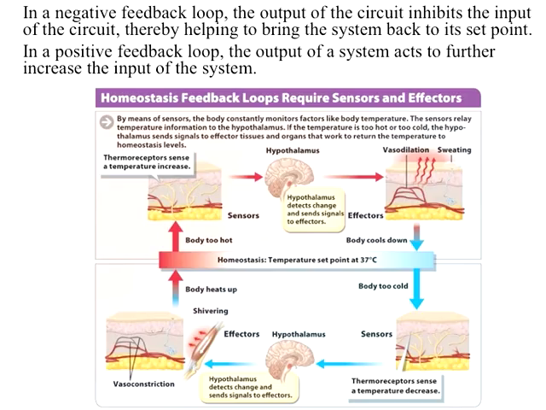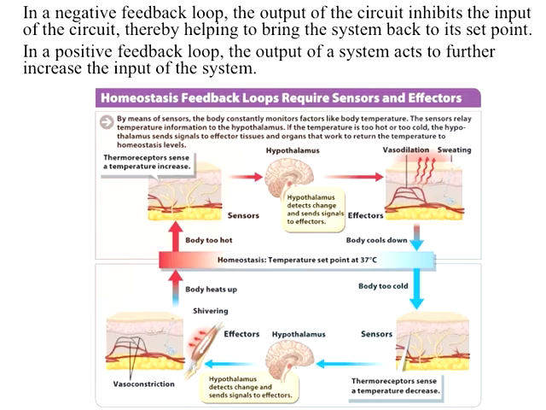Of course, when the temperature is below the 37 degrees Celsius of the internal temperature, the reverse happens. The sensory organs are going to send information to the hypothalamus, and then we're going to have vasoconstriction, and eventually that's going to heat up the body and bring it back to a normal temperature, when this is added, of course, with some shivering.